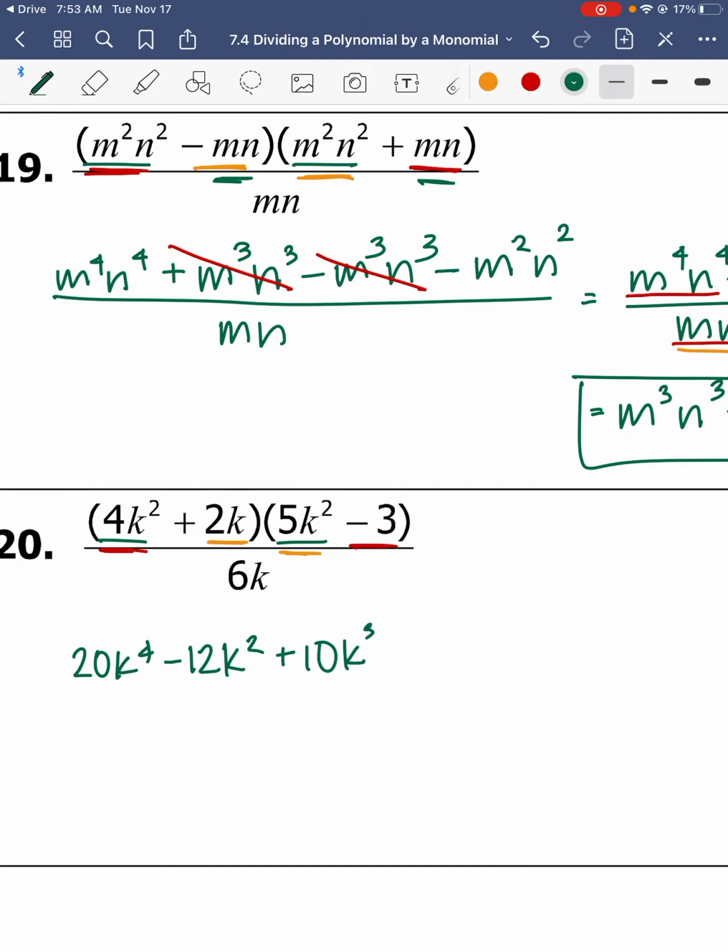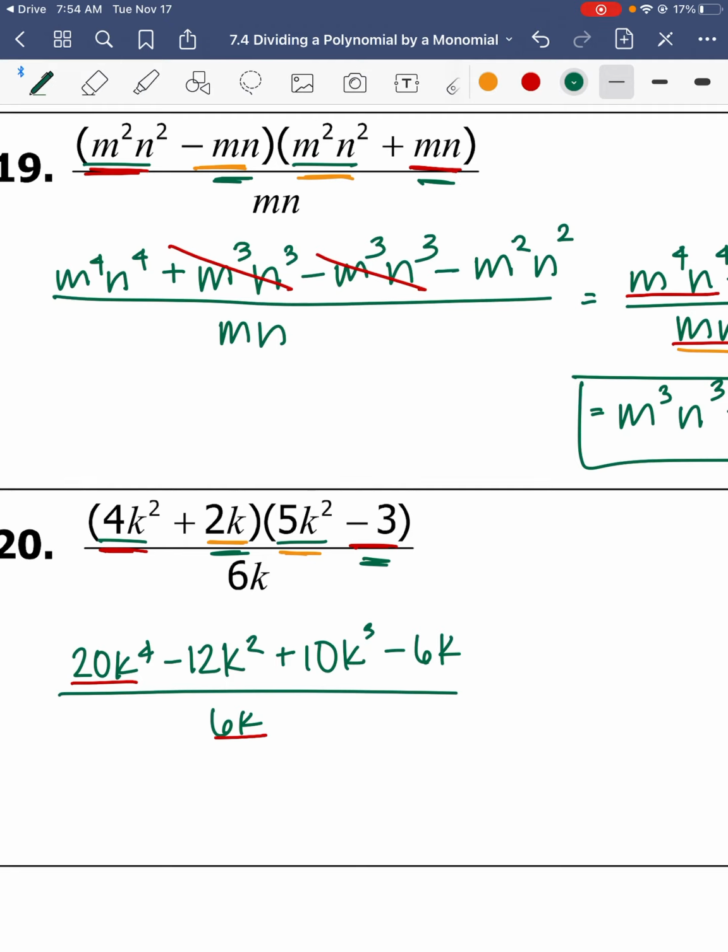Inner two, we have positive 10k^3, and last two we have negative 6k, and this is all divided by 6k. So let's combine our like terms. It looks like we actually don't have any like terms here, so let's just get to dividing here.